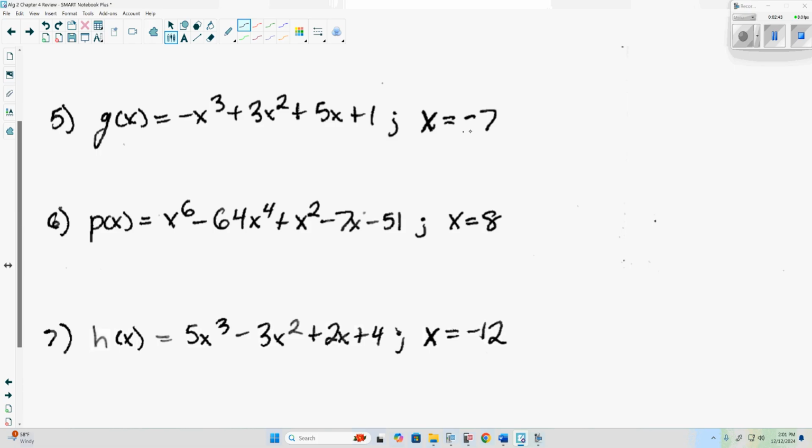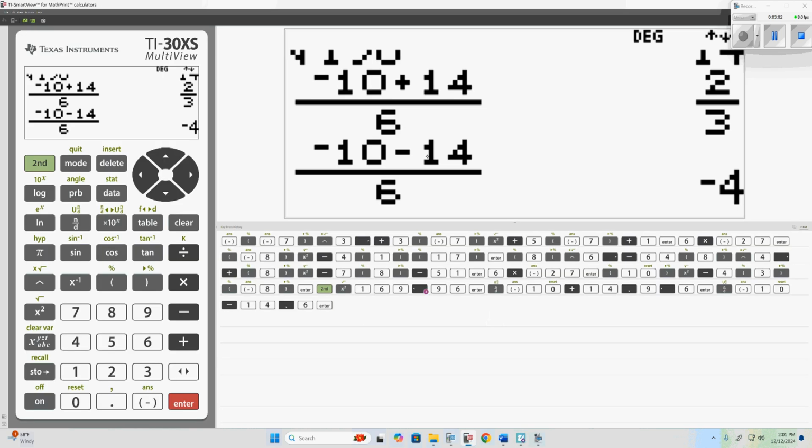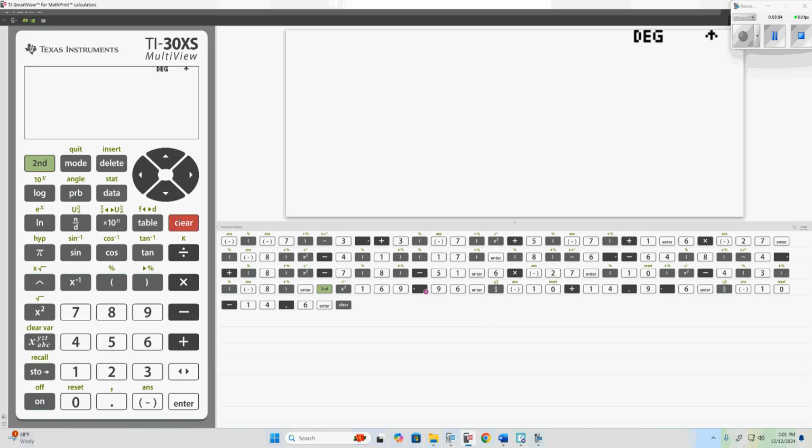All we're doing is taking negative 7 and plugging it in for x. So we have negative 7 cubed plus 3 times negative 7 squared plus 5 times negative 7 plus 1. Let me grab the calculator.